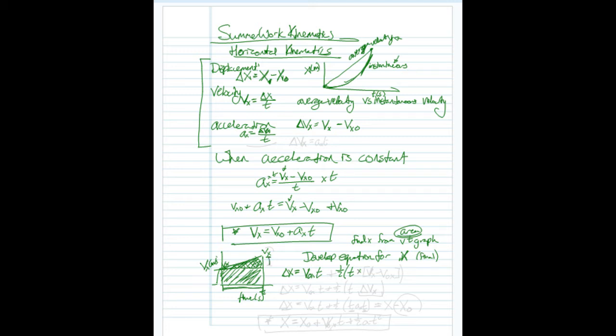Well, to find the height of this, I actually need to subtract vx and v0. And I'll add those two terms together. Delta x equals v0xt plus 1/2. Now this term here, vx minus v0x, that is just delta v, the change in velocity.